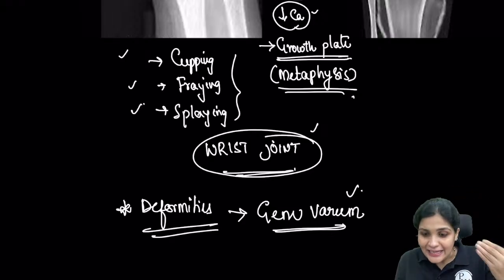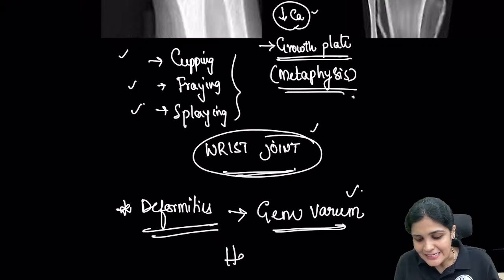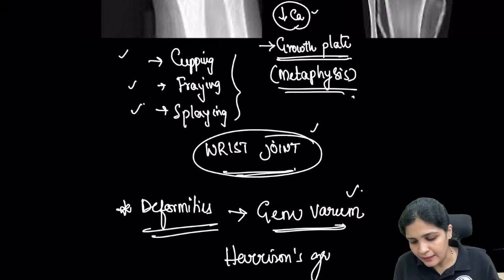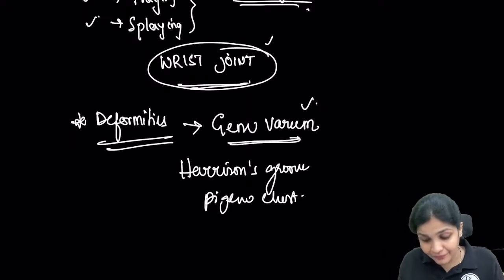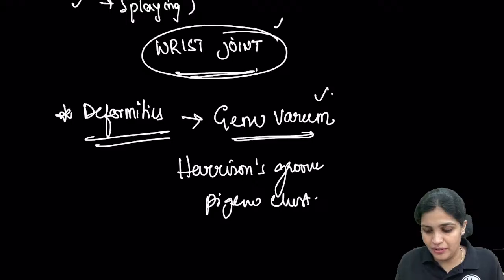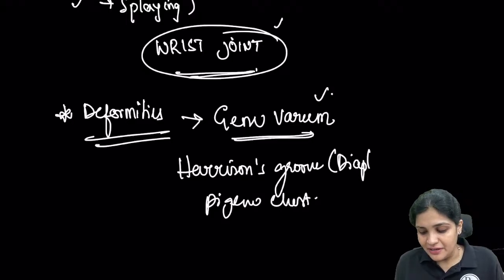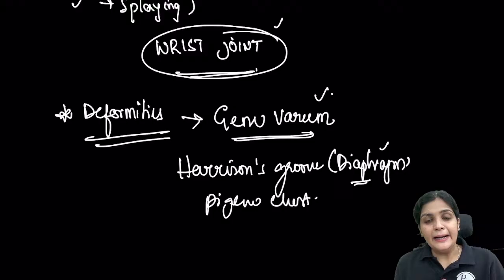And then as he grows up again, what do you see? Harrison's groove. What is Harrison's groove? Pigeon chest. Under the ribs, the diaphragm gets retracted. So this is called Harrison's groove. And what is the appearance of the costochondral junction?